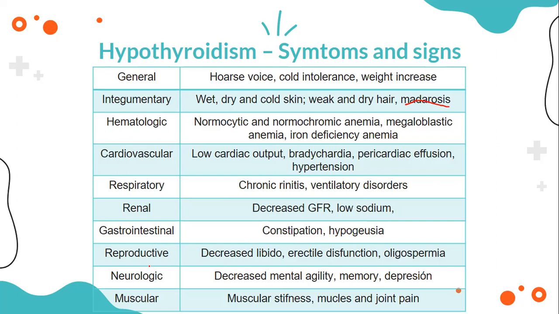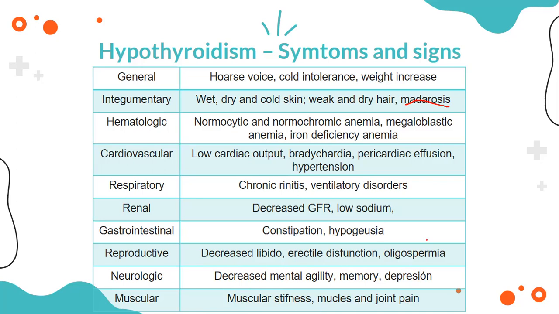When we talk about the reproductive system, this person would have a decreased libido, erectile dysfunction, and oligospermia. In the neurologic sphere, this person would have decreased mental agility, memory, and depression. Related to muscular, there would be muscular stiffness and muscle and joint pain.